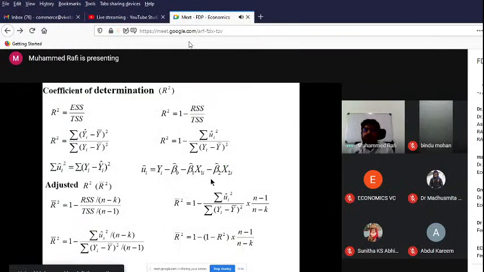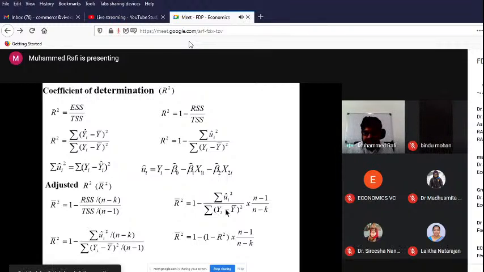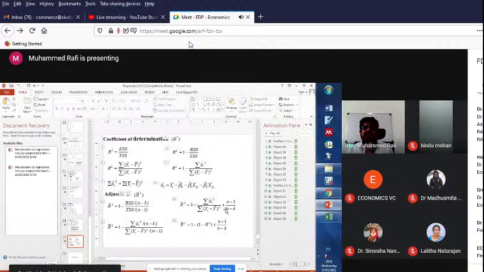So you can calculate the adjusted R square from R square in this way: 1 minus R square multiplied by n minus 1 divided by n minus k. So in the multiple regression model, the adjusted R square is a better measure.